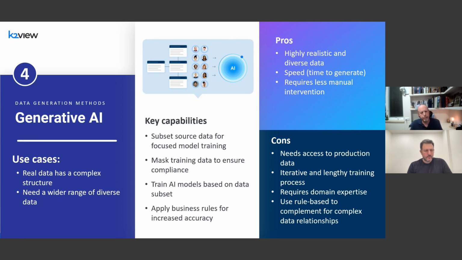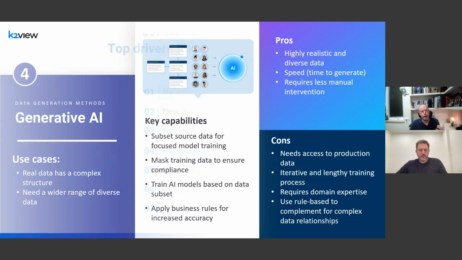The cons: yes, it also needs access to production data for the training, and it's an iterative and lengthy training process, which also requires domain expertise, but it can be complemented with rule-based, especially if you need to uncover some very complex business logic which Gen AI cannot fulfill, and the rules can solve and address this challenge. So these are the four methods we wanted to cover.